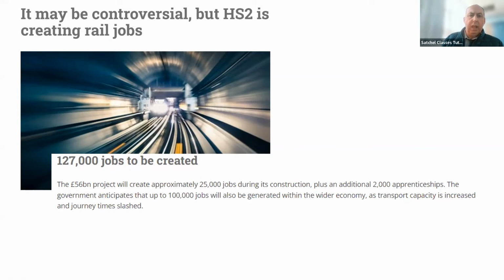In other words, firms that supply goods to HS2 will have jobs created within their departments because HS2 are spending money with them. So that's an example of a positive multiplier effect within the economy.